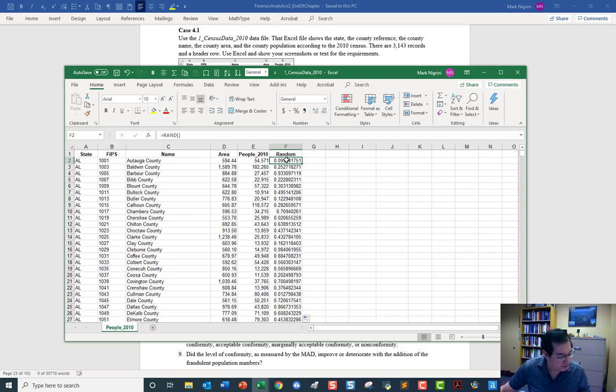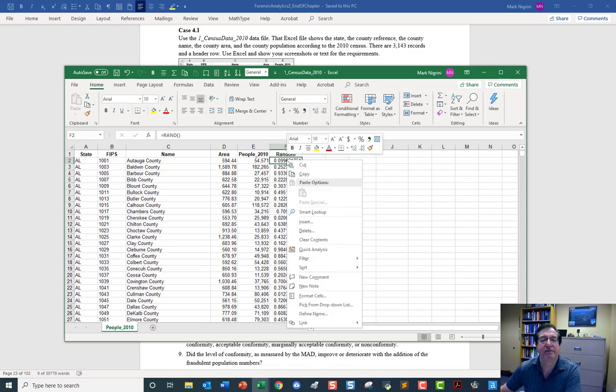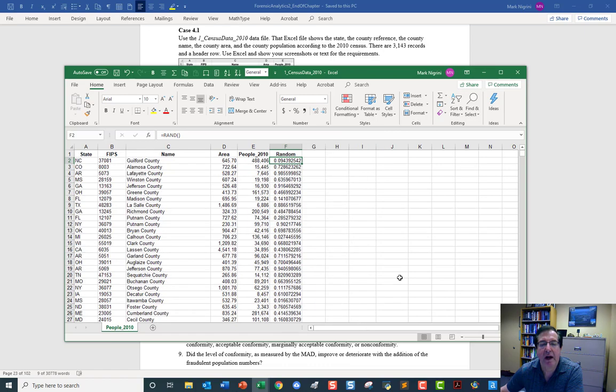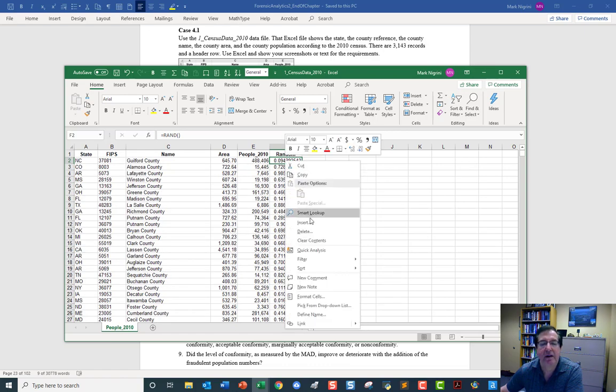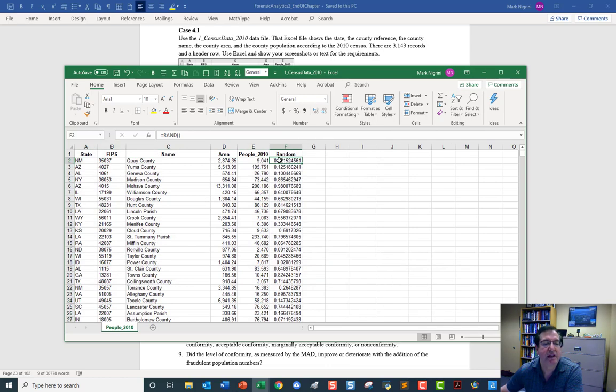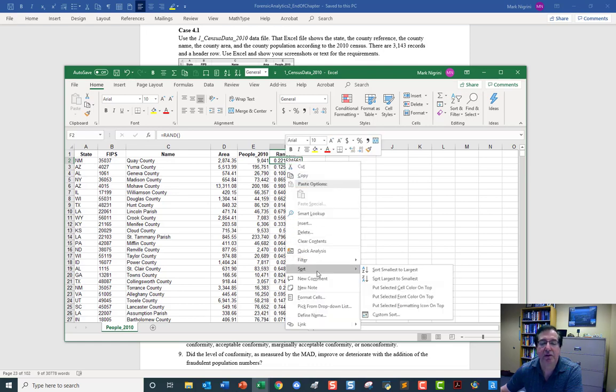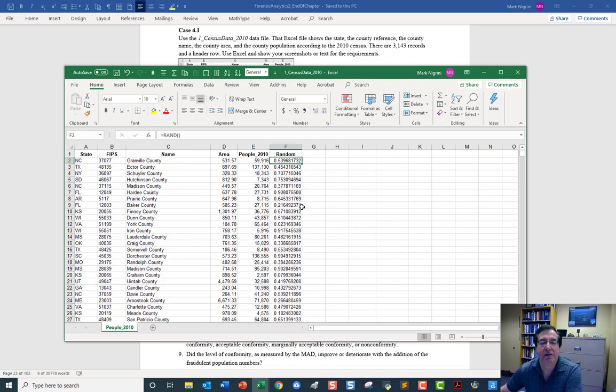What it says is do 4 descending sorts. Sort, descending is largest to smallest, 1. And it's actually randomized this over here. Sort, largest to smallest, 2. It rearranged all this, and it recalculated. Sort, largest to smallest, 3.